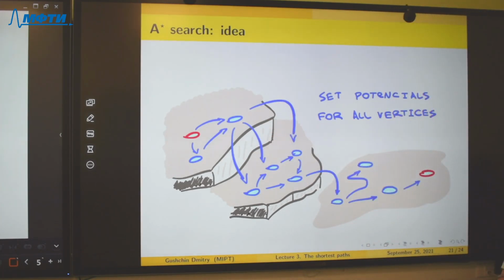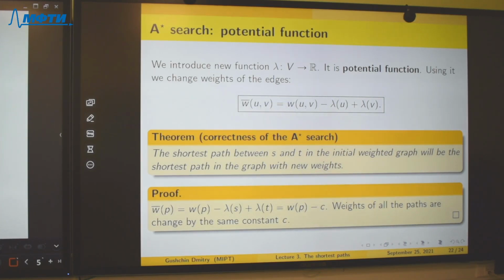This idea is named a potential function.